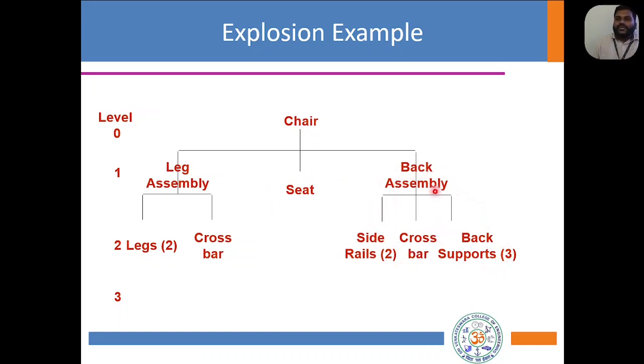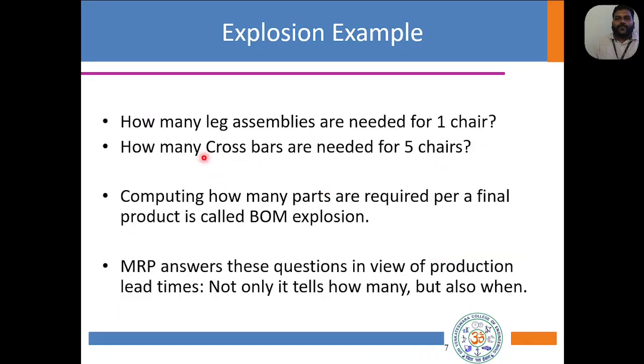These are put together, which forms a chair at the final stage. So this is an explosion example for how the bill of materials or the product tree assemblies work over here. How many leg assemblies are needed for one chair? Those kinds of questions can be answered from the existing diagram. How many crossbars are needed for 5 chairs?